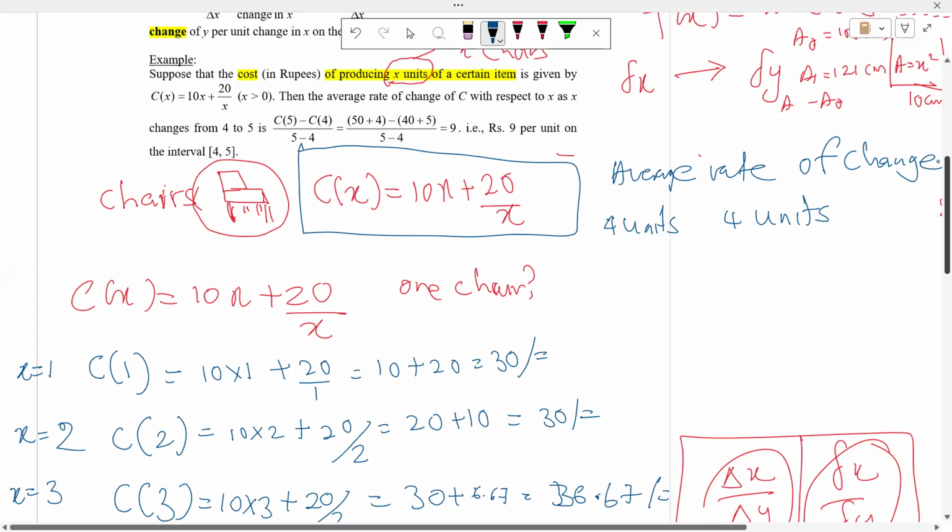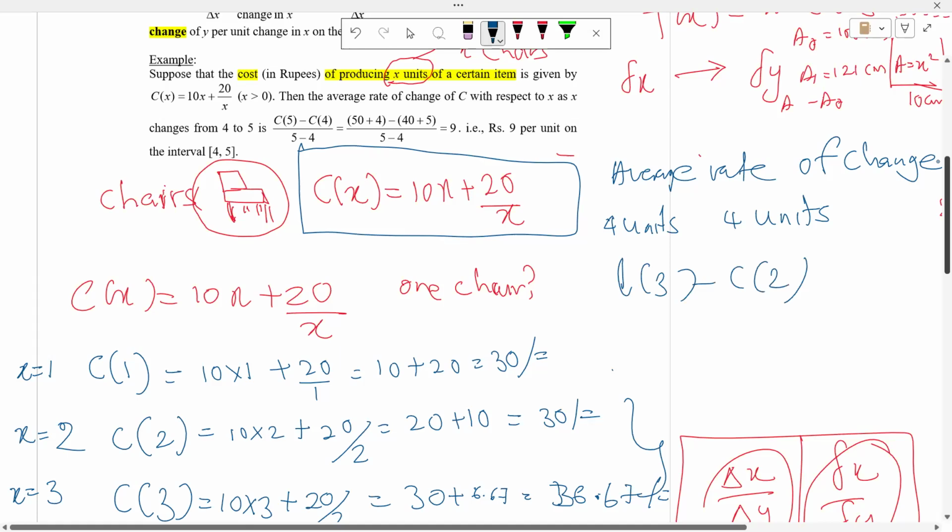So now they are asking, right? If you look at here, what is the average change between 1 chair and 2 chairs? 0, right? 0 is the change between 1 chair and 2 chairs. What is the average rate of change between 2 chairs and 3 chairs? If you manufacture 2 chairs, what is the cost you need to find out? Similarly, you need to find out the manufacturing cost if you manufacture 3 chairs, right? So that is the difference C of 3 minus C of 2.